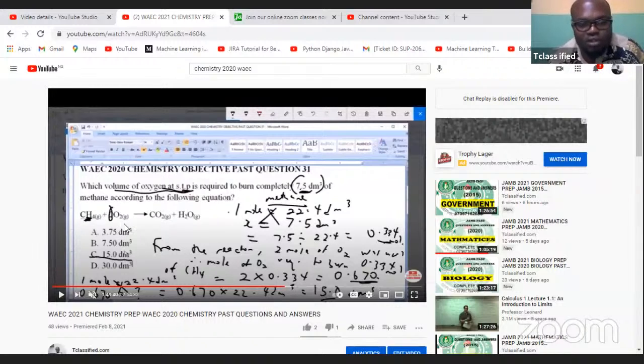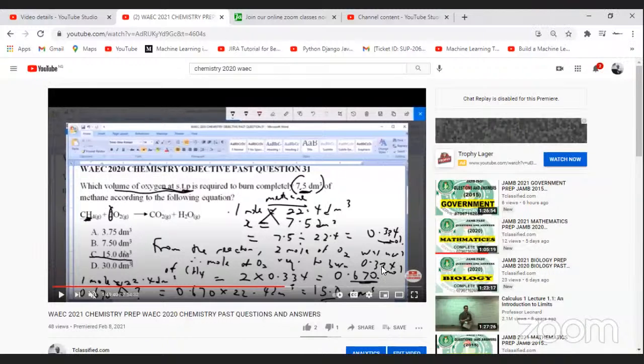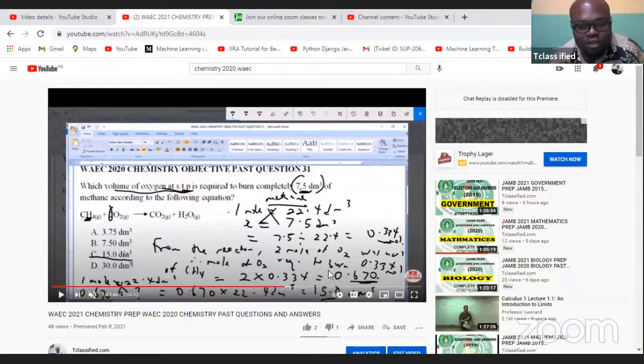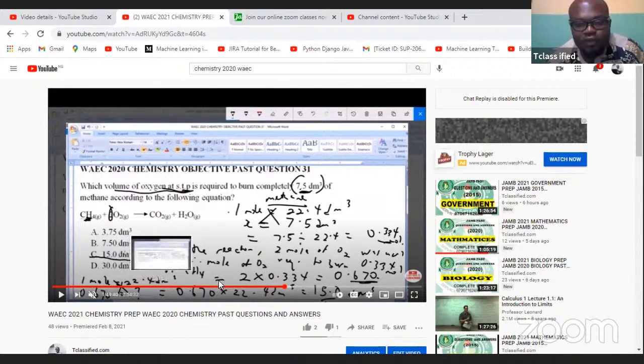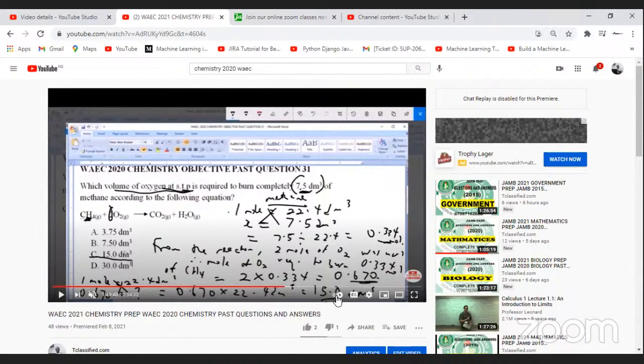Since 1 mole consumes 2, this 0.33, what will it consume? It will consume 0.67. So that is the mole of oxygen needed here. And since 1 mole has a volume of 22.4, that mole, which is 0.67, what volume does it have?